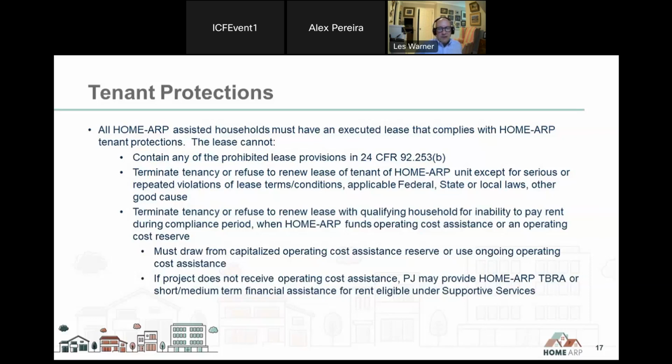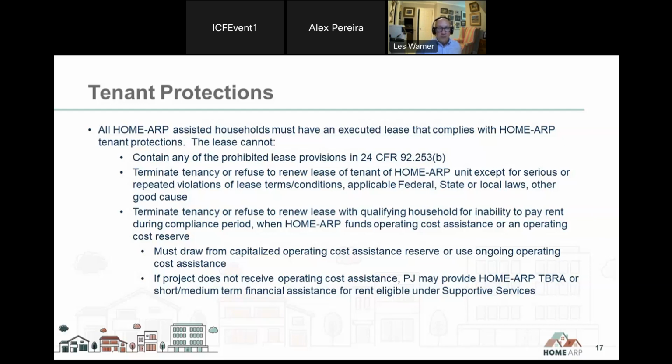Essentially those prohibited lease terms are prohibiting anything that's going to require that tenant to waive some of their legal rights. And so you, as the PJ, would need to be reviewing the leases that are going to be used for your HOME-ARP units and making sure that those leases did not contain any of those prohibited lease provisions.